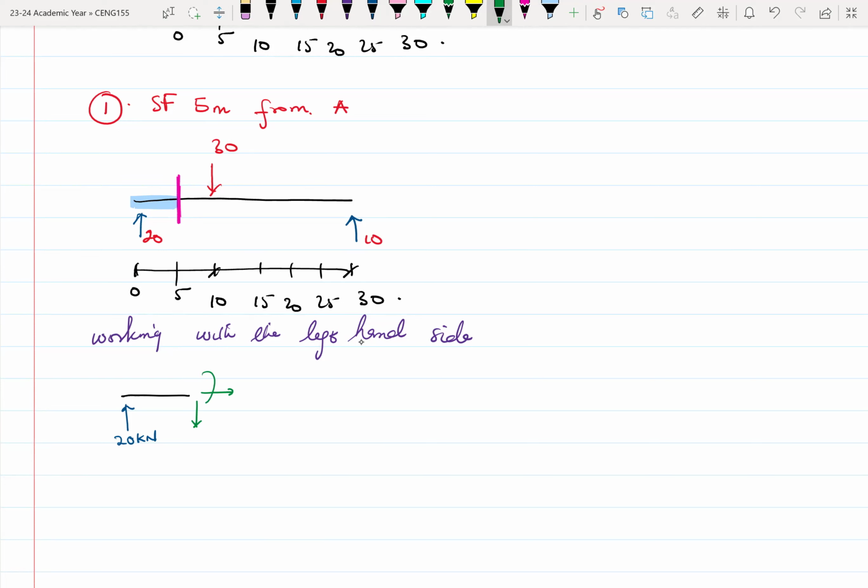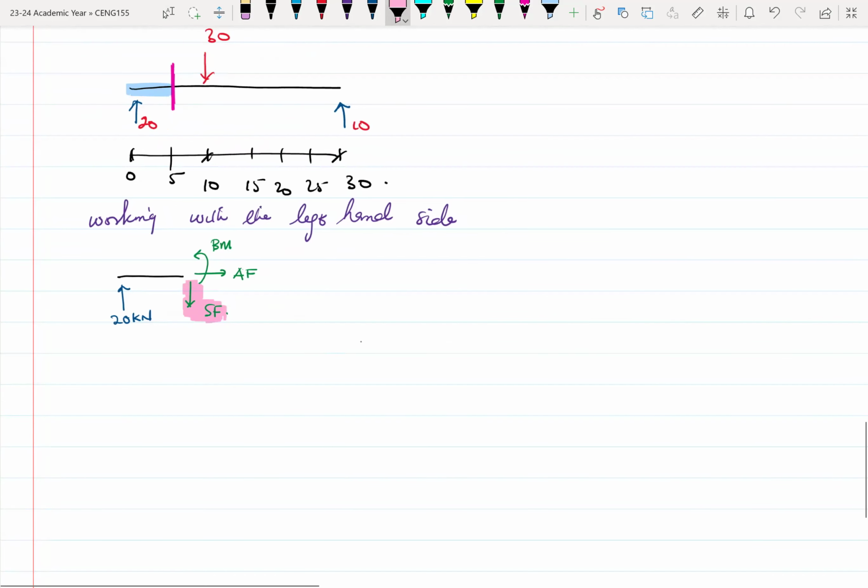I'll say this bending moment. So the bending moment M, the axial force, and then the shear force. All right. For now, I have interest only in the shear force because that's what I'm looking for.